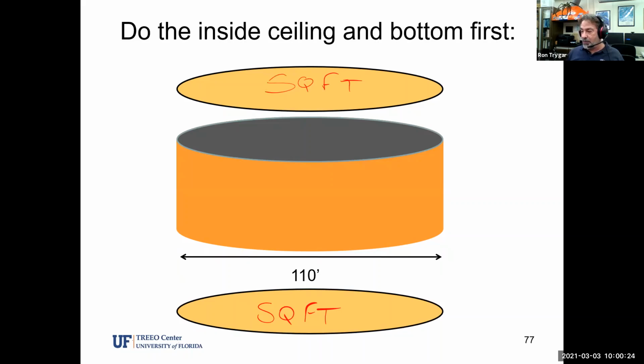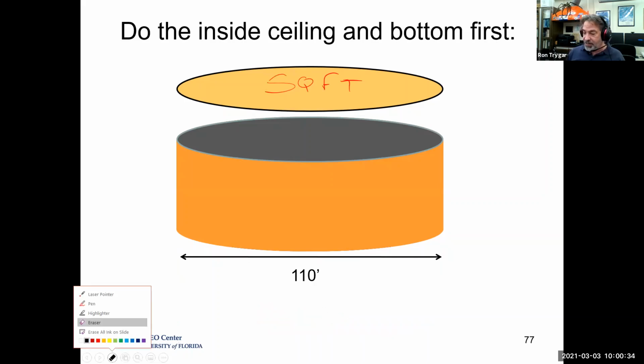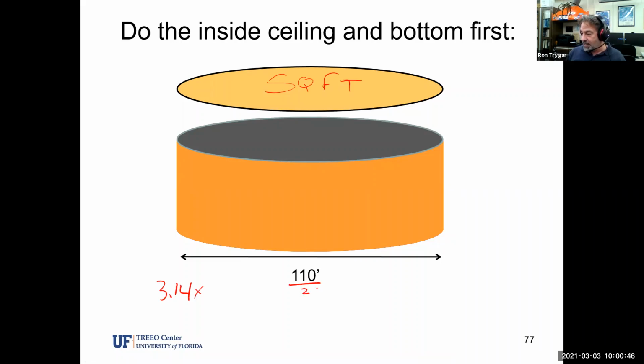So how do we do that? What's the surface area of a circular shape? Remember, that's pi r squared, or 0.785 times d. So you can go 3.14 times the radius, which is half of 110.